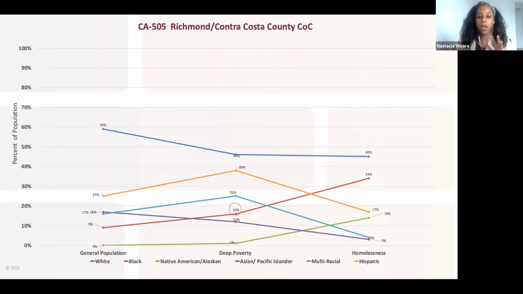And so this is why we believe this snapshot in time will build greater context in terms of where we are in our housing, homelessness, and racism. If we could go to the next slide, please.